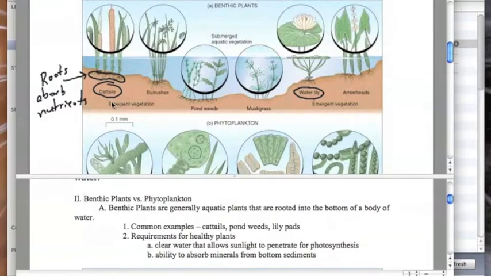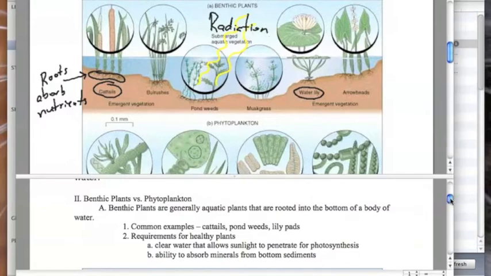The other thing is that they are going to be in the water, and that location allows the sun's radiation to go deep into the water where the sunlight can get down there. So the combination of sunlight, water and nutrients can help these plants with photosynthesis, using the radiation from the sun.